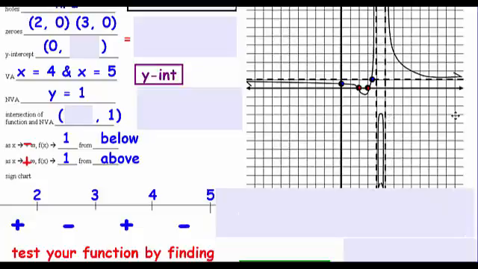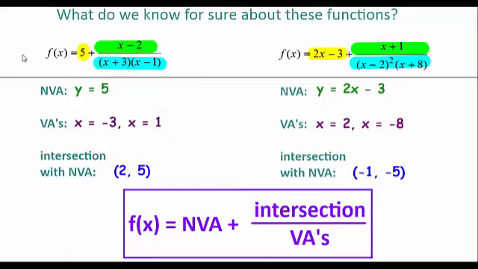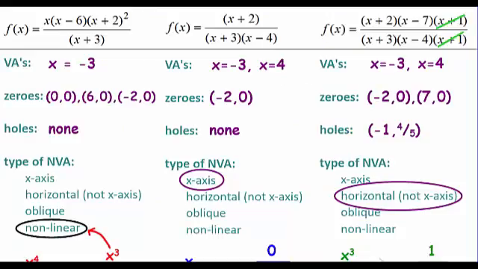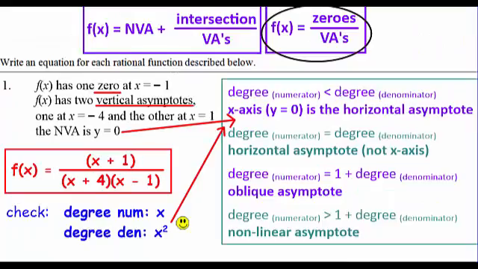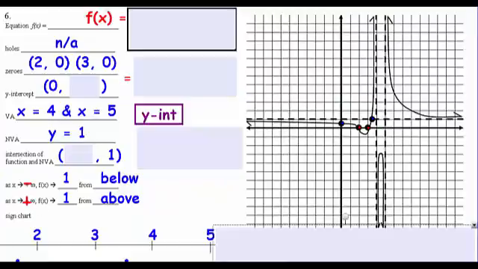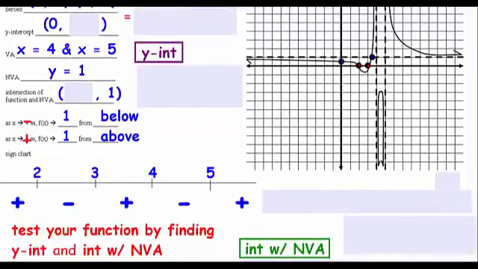But then after 5, all of these x values over here are all positive. So after 5, your sign chart should be all positive.